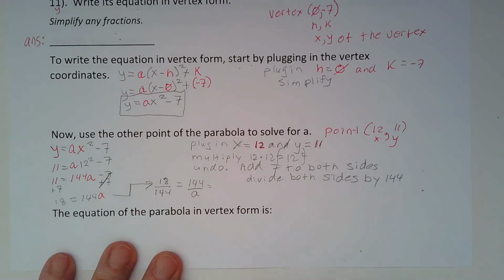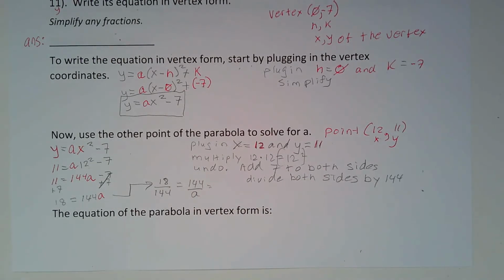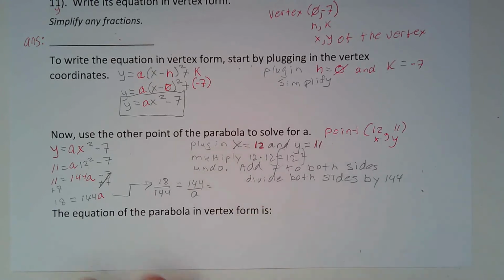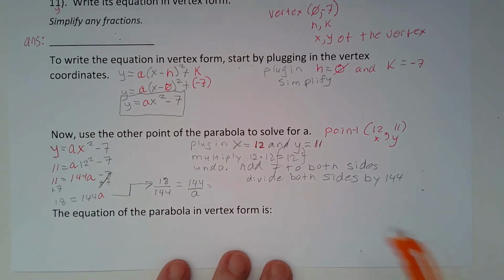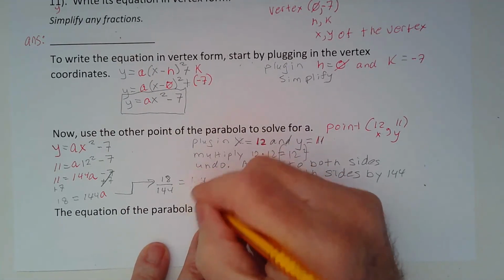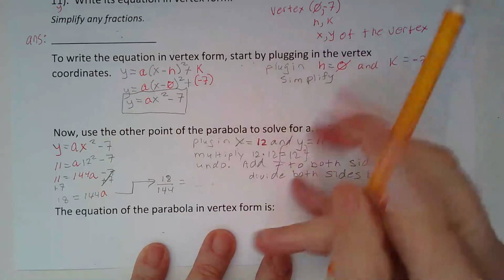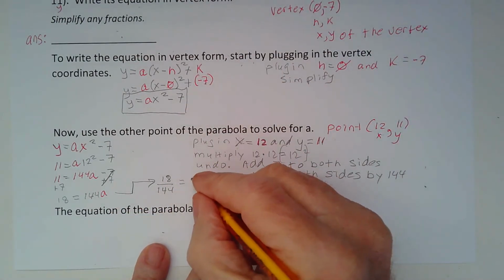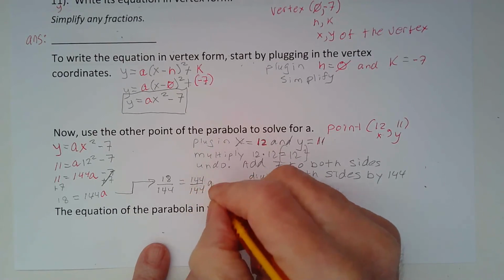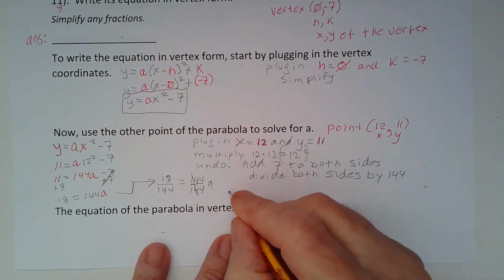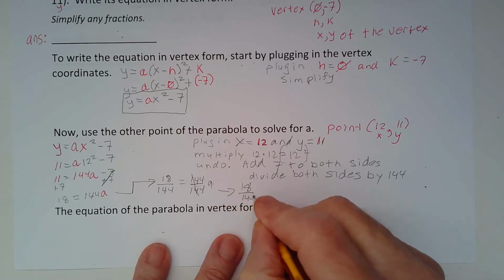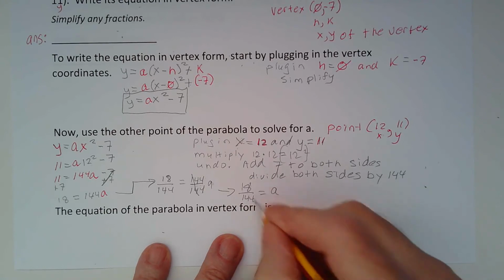And 18 divided by 144, I don't know what that fraction is going to be. So this cancels. So you get, again, 18 over 144 equals a. So we can reduce this.